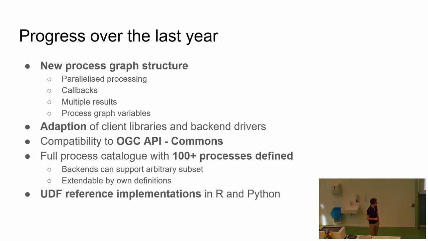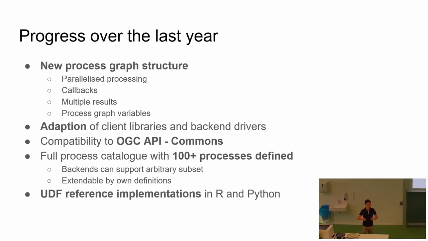And UDF is this user-defined function that I mentioned a little bit earlier. So we have reference implementations in R and Python for that, so that if you find that the existing processes don't match what you need, or you need more programming logic, you can take your existing R script or Python script and upload that to the server.